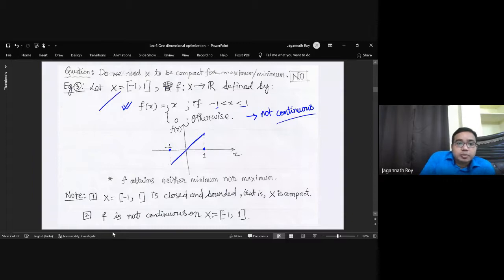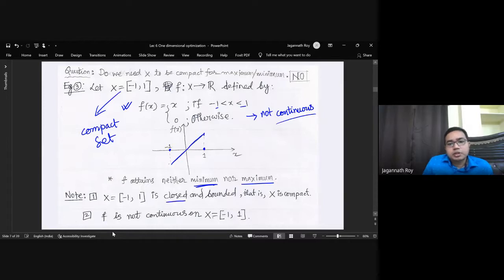But the set is compact. Now the set is compact. Yet even with a compact set, we are not able to get the maximum or the minimum.